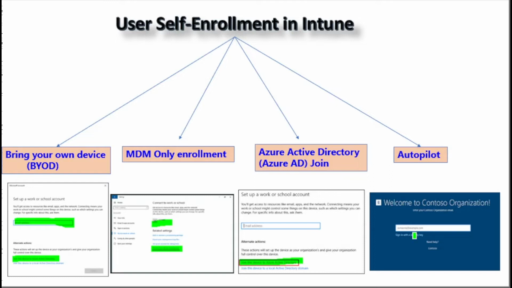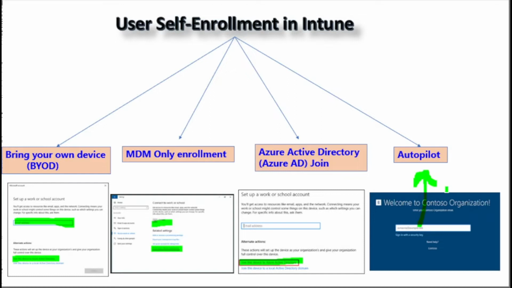The very first option is Autopilot, in which during the out-of-the-box experience window, the user needs to provide their credentials, username and password. If the user has a valid license, all the configurations are already created by the admin, and the hardware hash is already uploaded for the device, then this device is going to enroll in Intune as well as join either in an on-premises hybrid join scenario or an Azure AD join scenario.